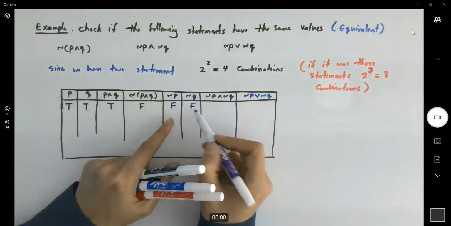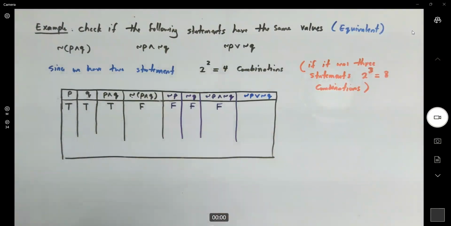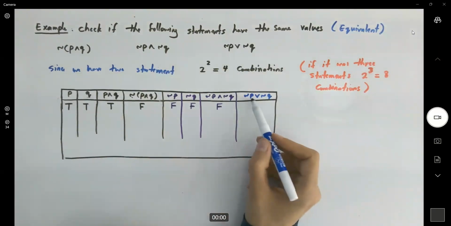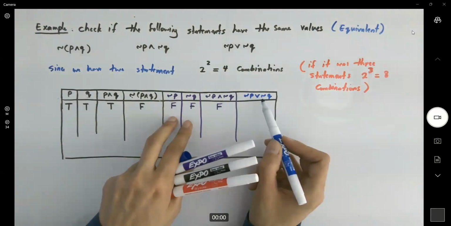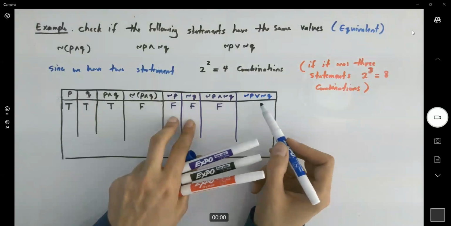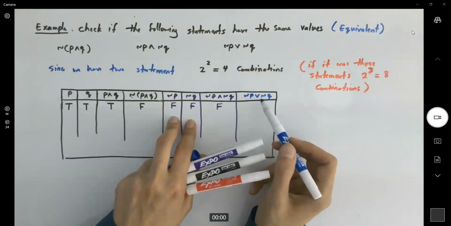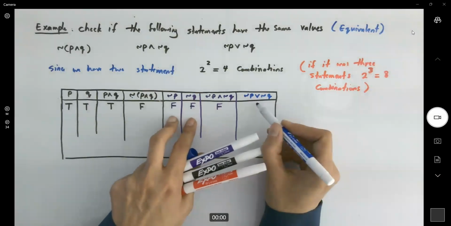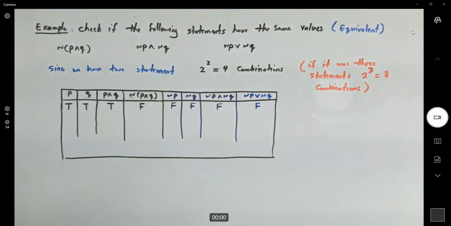False and false is false. Well, what about not P or not Q? The first one is not true, the second one is not true. False or false is just false. Okay, so we're done with the first row.